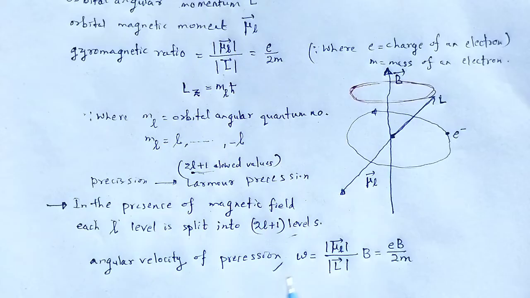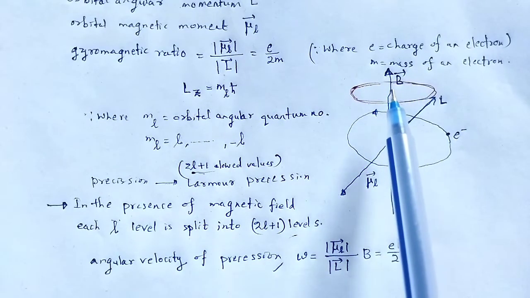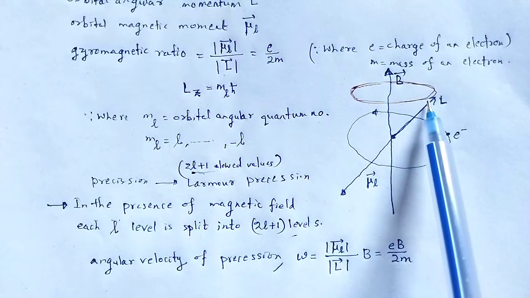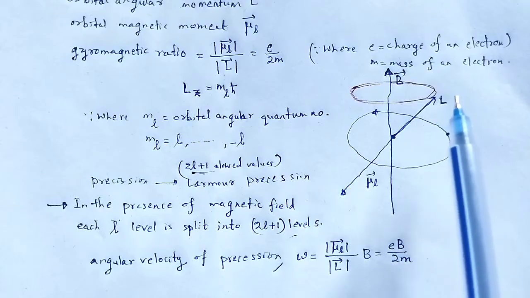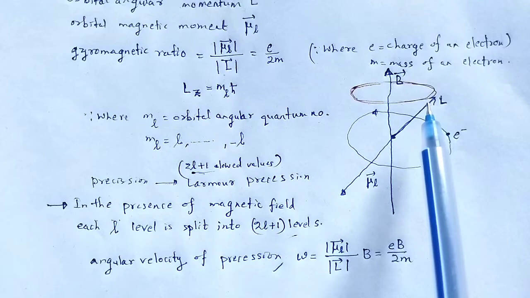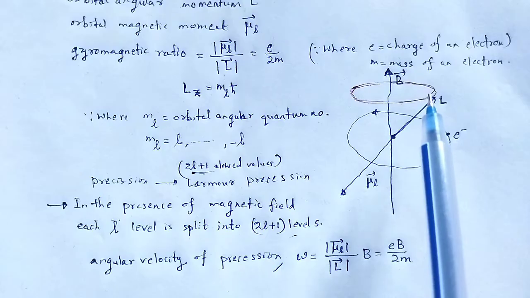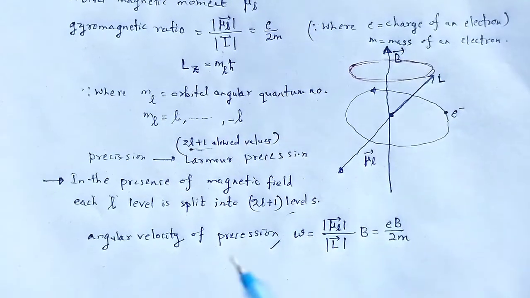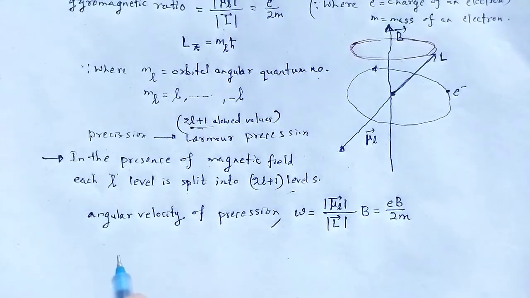Since the energy levels are split due to the applied external magnetic field, the interaction energy is caused due to precession.